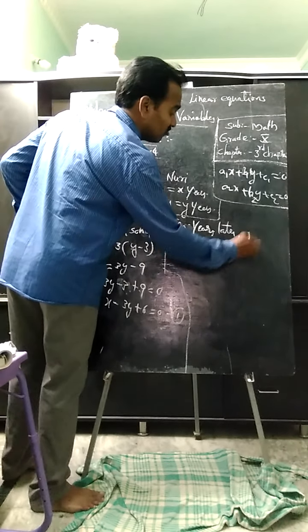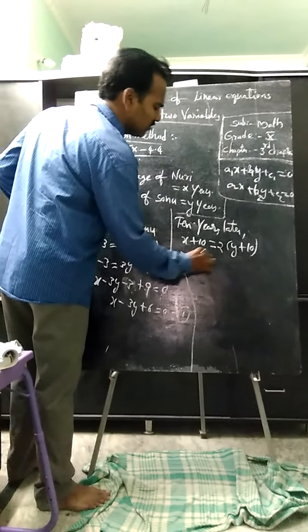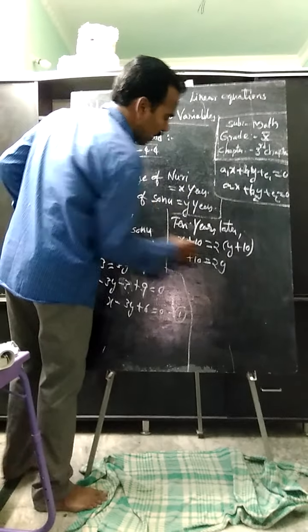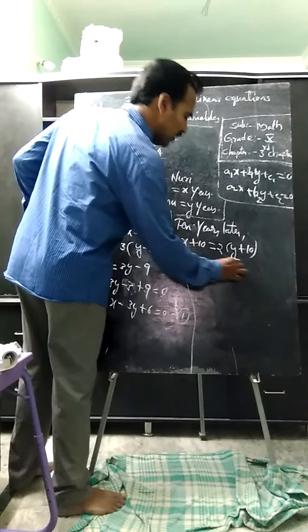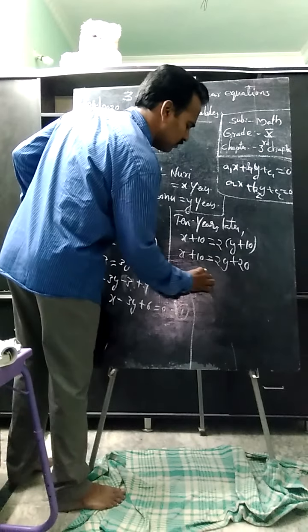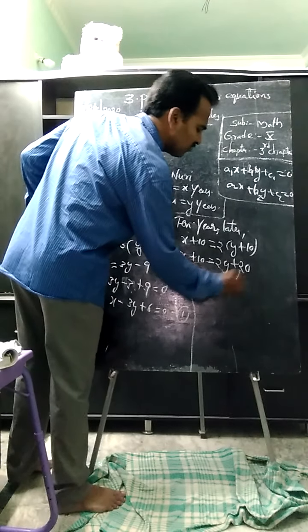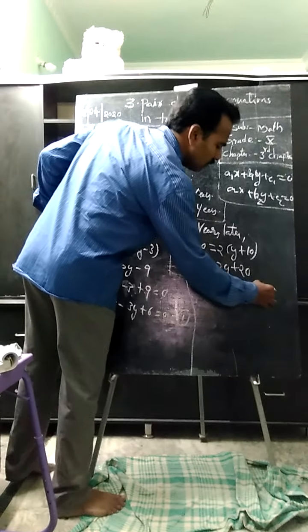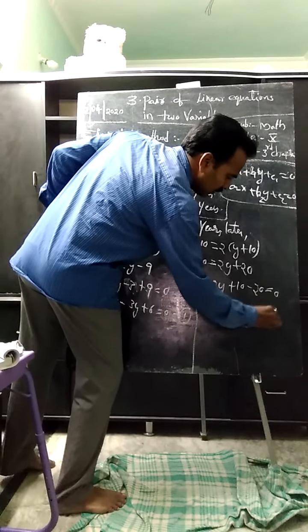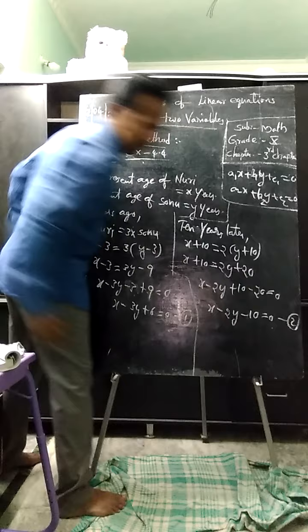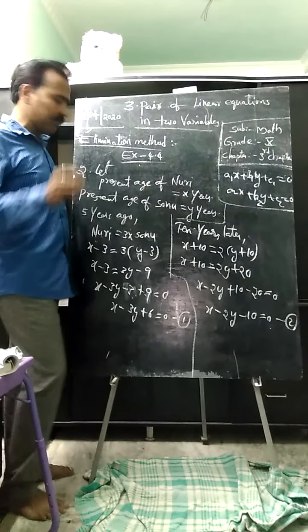Yes, 2 times. 10 years later, their ages are in the ratio of 2 times. I mean, Noori's age is twice Sonu's. So simplified, friends, we get one equation like this: x minus 2y minus 10 equals 0. Equation 2.